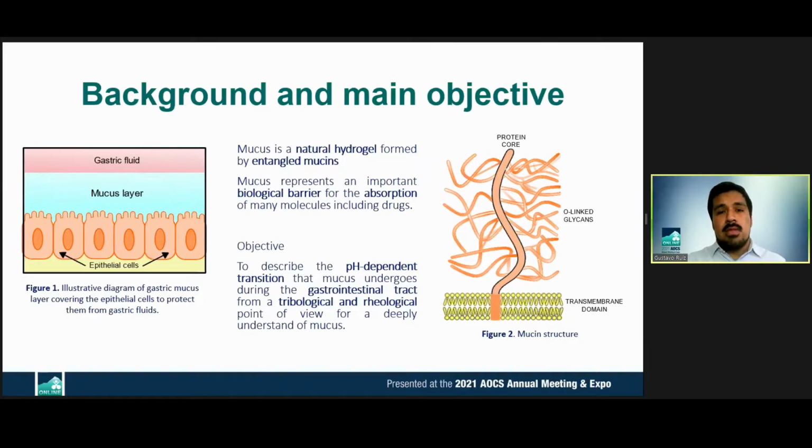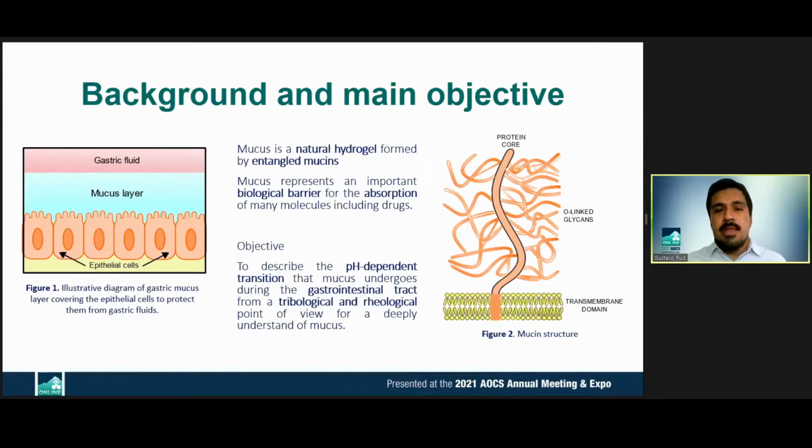I also want to mention that the mucus protects us from viruses, bacteria, and external particles, but it is also a barrier for drug delivery or for some molecules that we want to deliver.